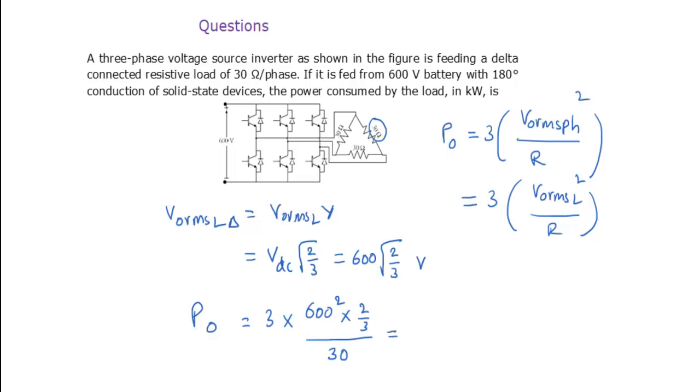The 3 gets cancelled, and here 30 in 600 cancels 20 times. Then you will have 24 kilowatts. Let me verify again.